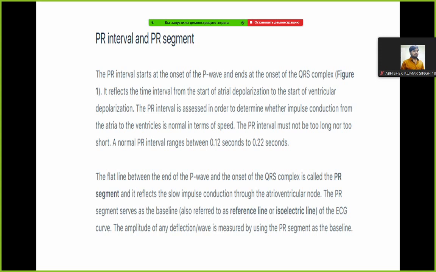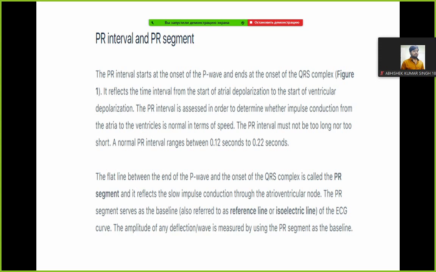The PR interval is assessed in order to determine whether impulse conduction from the atria to the ventricles is normal in terms of speed. The PR interval mustn't be too long nor too short. A normal PR interval ranges between 0.12 seconds and 0.22 seconds.